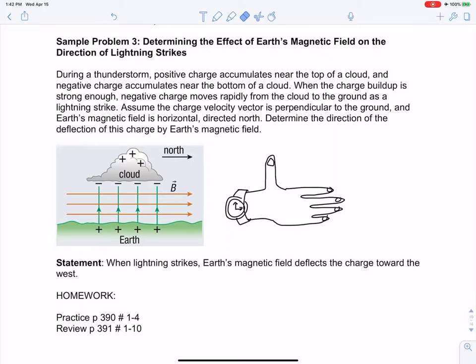And since we're looking at the positive charge moving, we know that when lightning strikes, the Earth magnetic field deflects the charge towards, in this case, out of our palm.